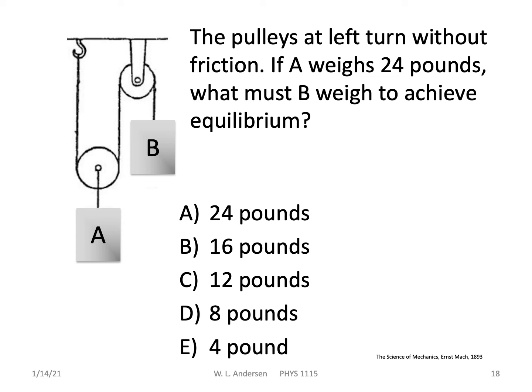So if there's a tension of 10 pounds in the rope, then there's 20 pounds of force acting upwards on A. And the tension in the rope, in this case, is equal to the weight of B. So B can support twice its weight. So if A weighs 24 pounds, to achieve equilibrium, B would just have to weigh 12 pounds.